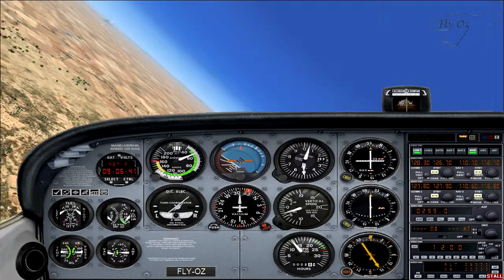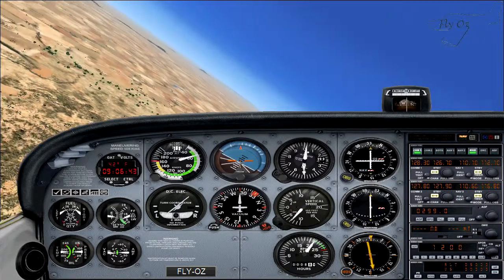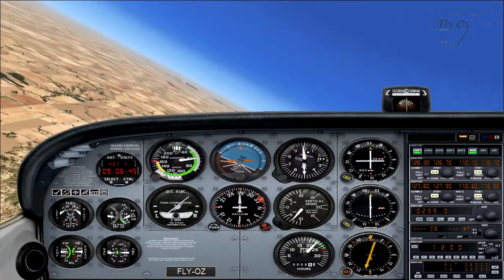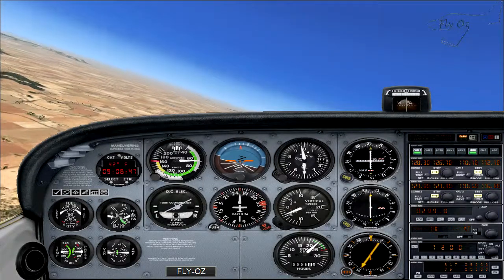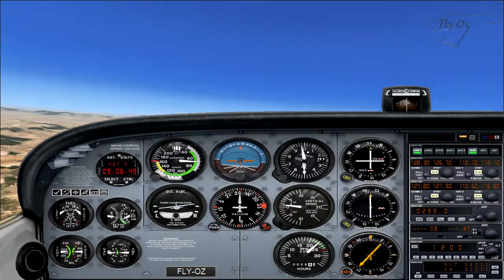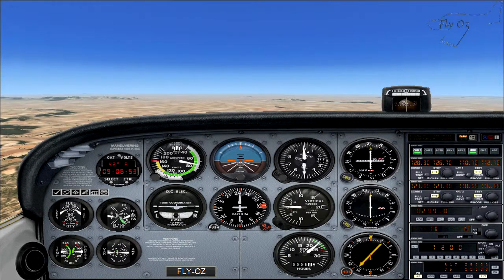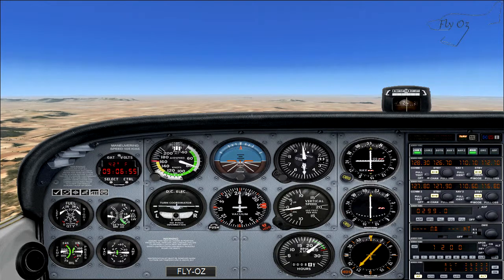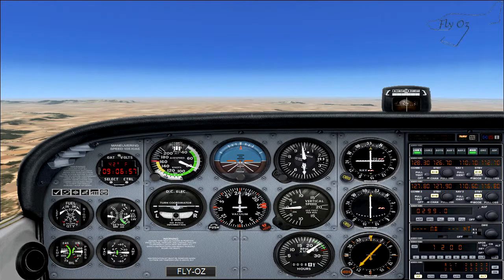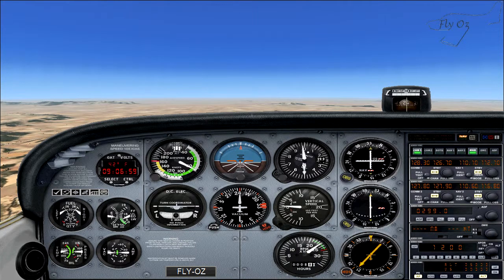There's a stall, so I'm going to recover the aircraft. So you can notice that the aircraft stalled at 60 knots at 45 degrees angle of bank.